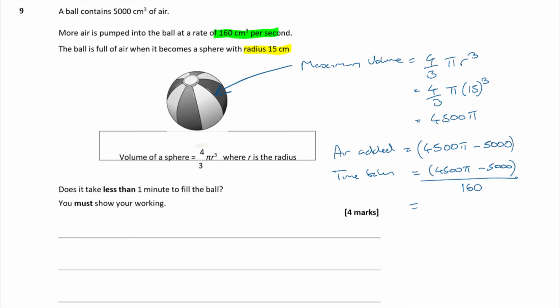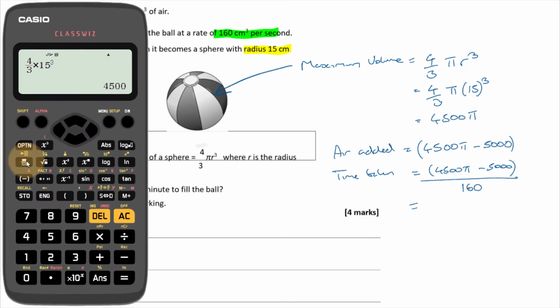Okay, and that'll tell me the number of seconds. Now I am going to work it out with the pi this time, because this is my final calculation. So 4,500 lots of pi minus 5,000, and then that divided by 160. Okay, that comes to 57.1 on my calculator, to 3 significant figures.